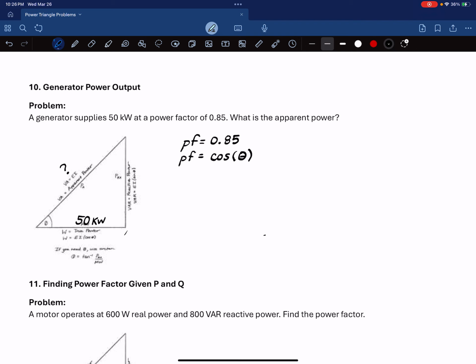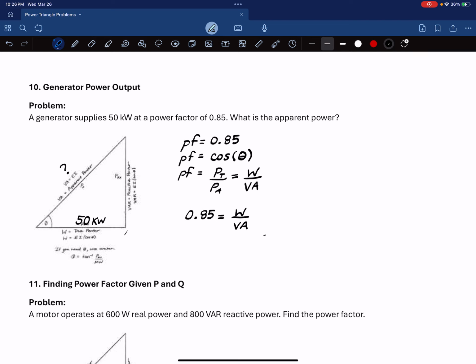We could also write power factor as a ratio of apparent power on the bottom, true power on the top, or in our lingo, that is W over VA. So all of those are power factor information, but I'm going to use this 0.85 and this W over VA.